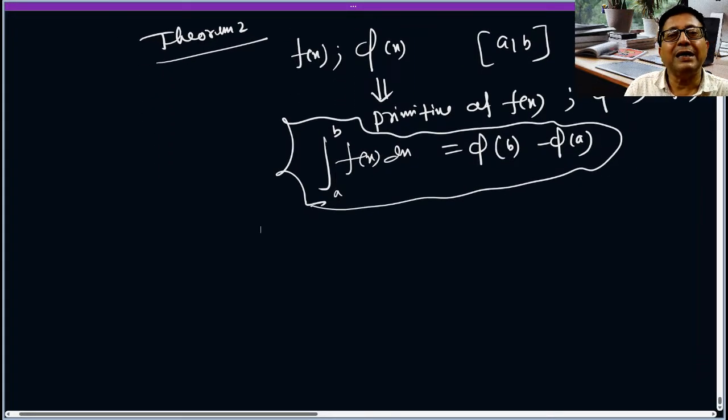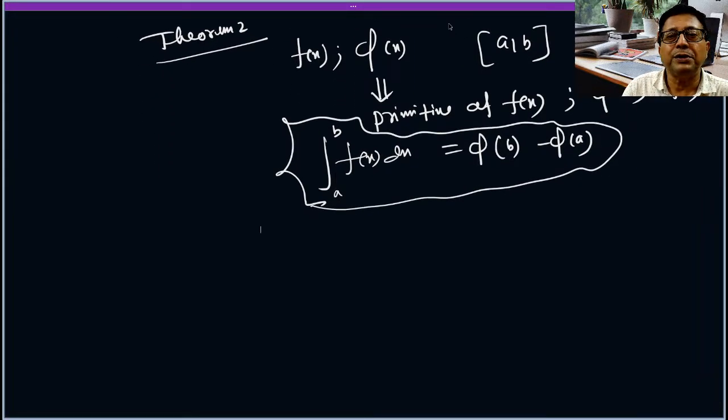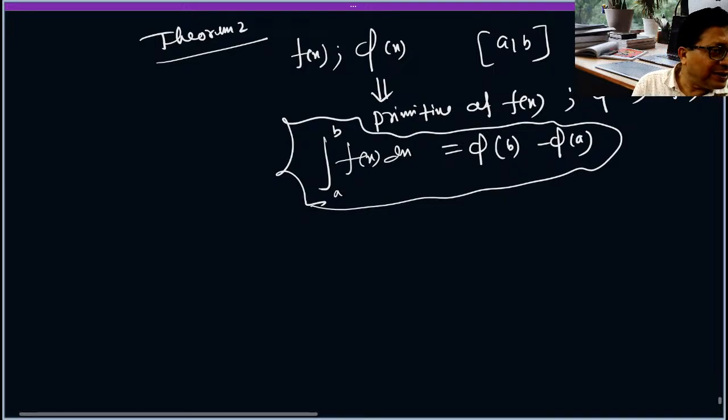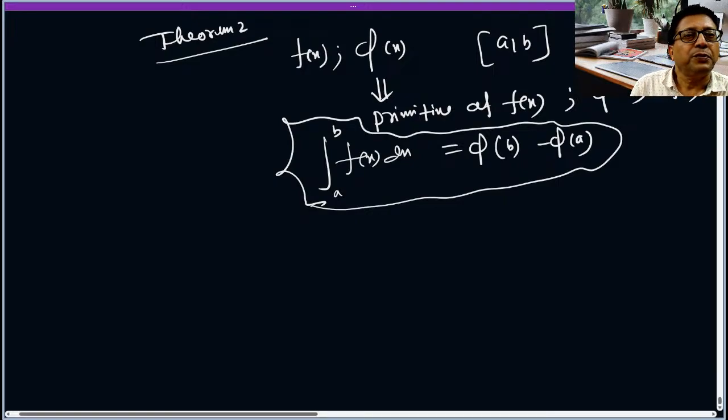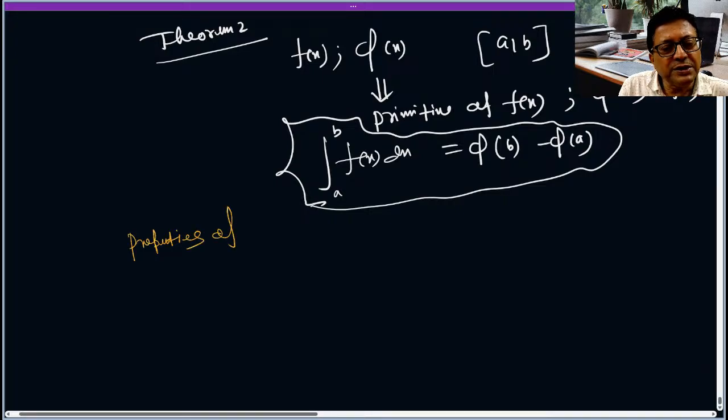Let us write all the properties with proofs in some cases, which is not so difficult and will not take much time. So let me write the properties of definite integration.